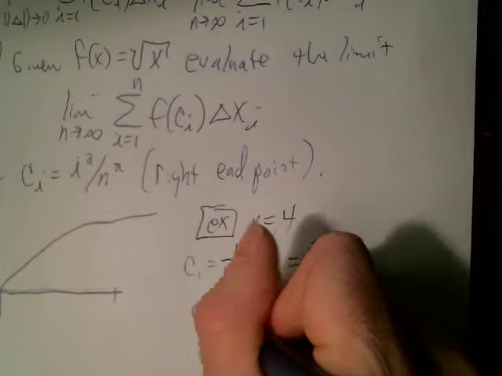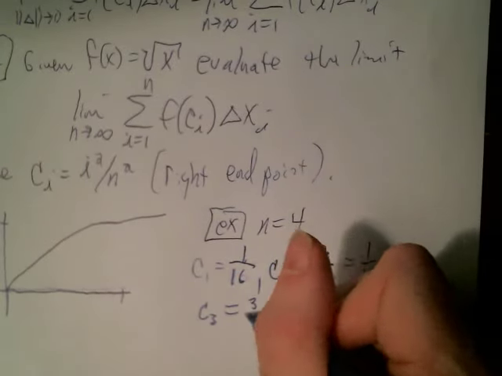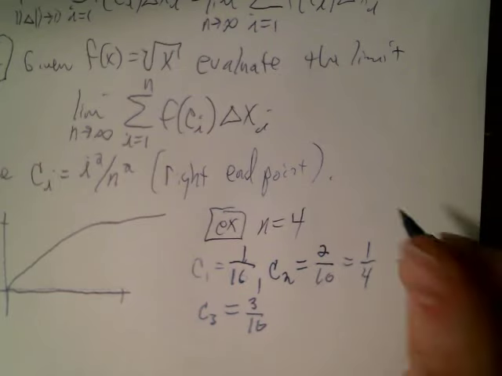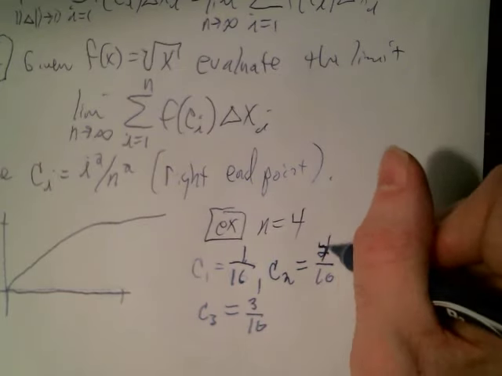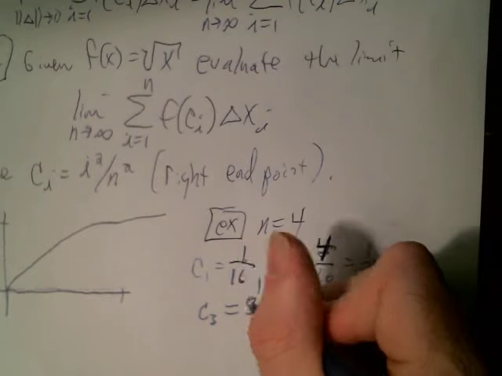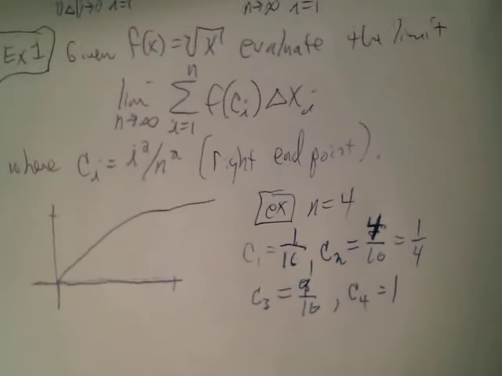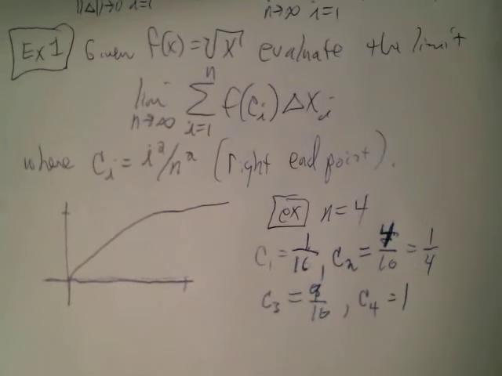C sub 3 will equal 3 over 16, or rather 9 over 16, it's n squared. So this would be 4 over 16, sorry. This would be 9 over 16, and then C sub 4 would be 1. In other words, the rectangles over here are having bigger and bigger widths, right?